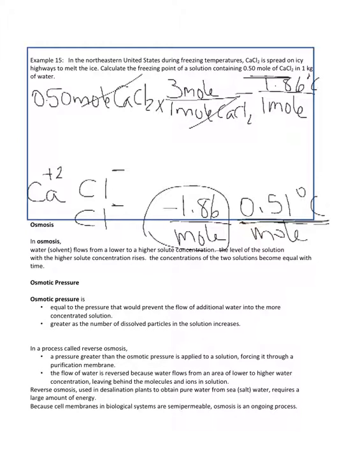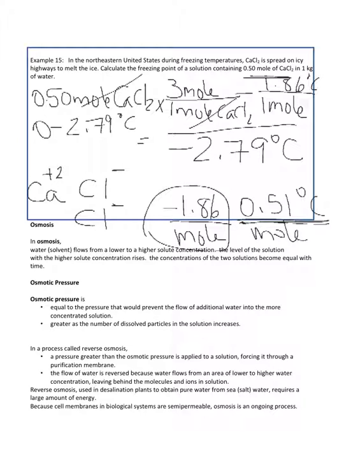The original freezing point of water is 0, so 0 minus 2.79 degrees Celsius equals negative 2.79 degrees Celsius. So our new freezing point, we have decreased it by almost 3 degrees.